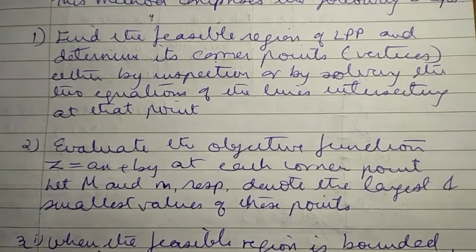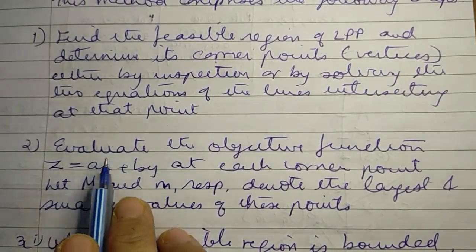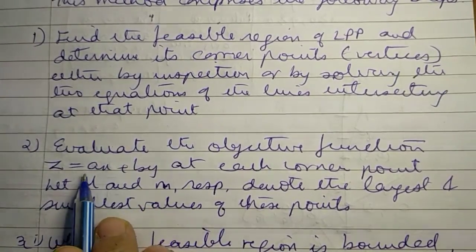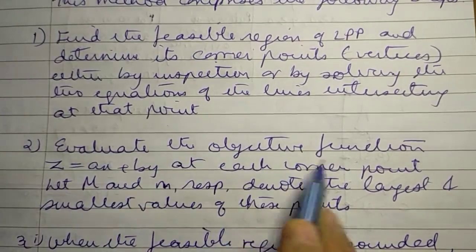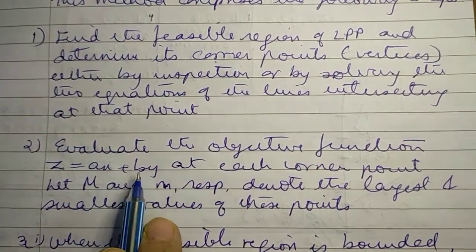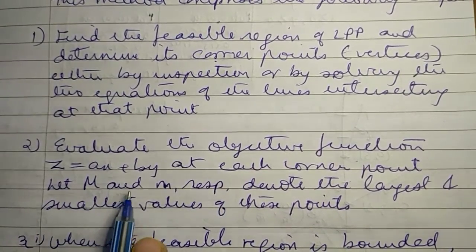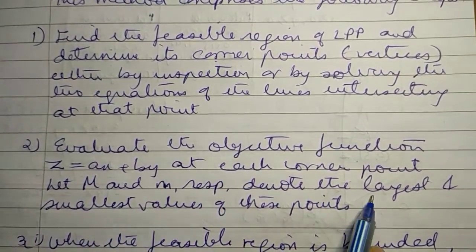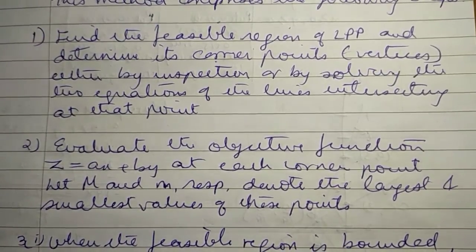Now, the second step, which we have to consider today, involves finding the objective function at each of the corner points. So, evaluate the objective function z equal to ax plus by at each of the corner points. Let capital M and small m respectively denote the largest and the smallest values of these points.